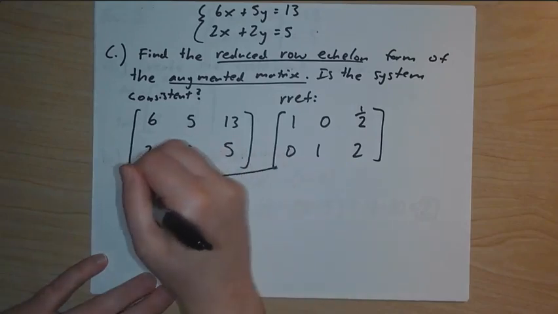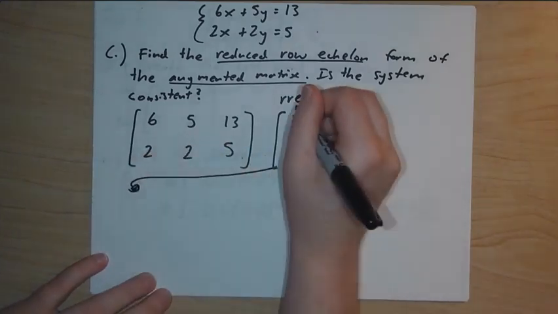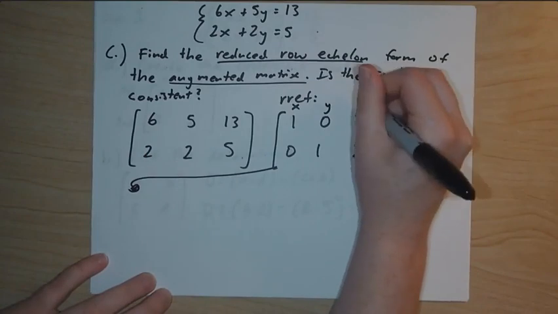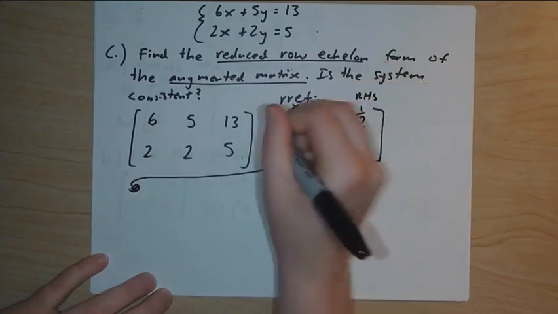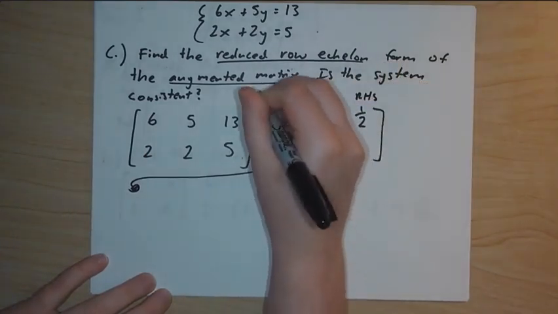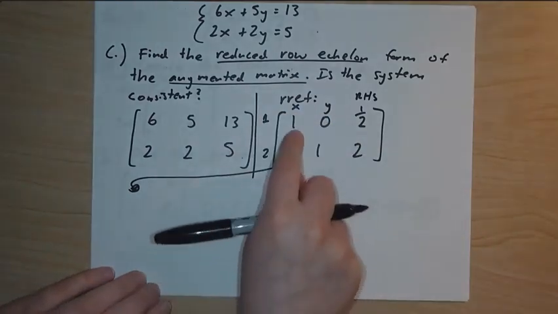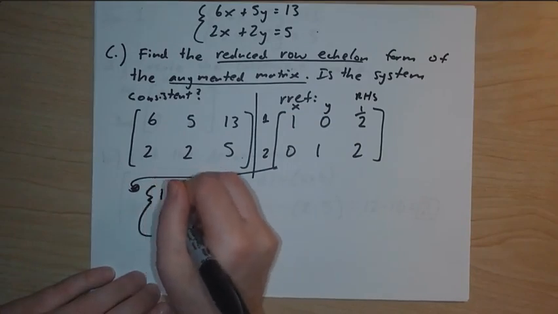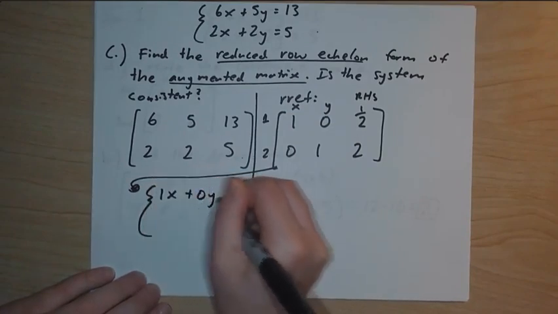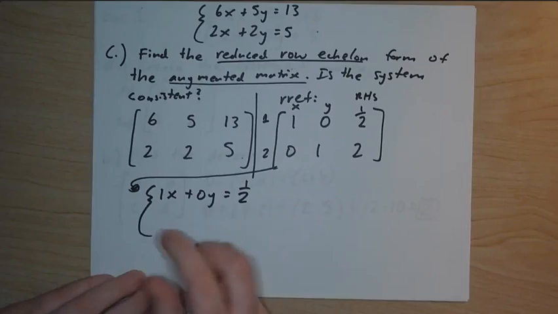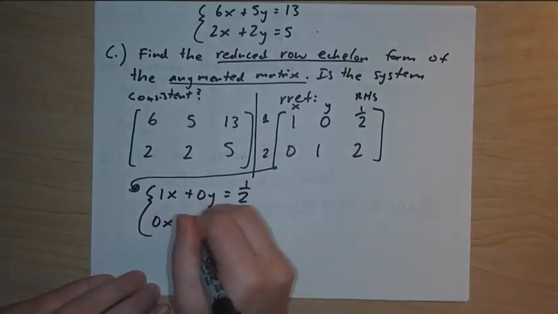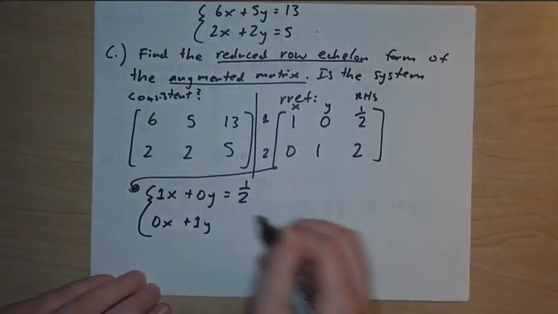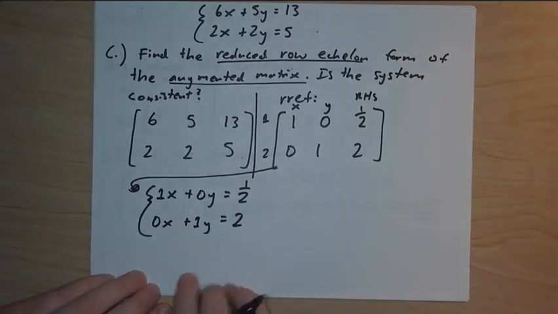What this matrix means, essentially, remember that this is the x column, this is the y column, this is the right-hand side, and this is the first equation, this is the second equation. Then we can rewrite this as the system where we have 1x plus 0y is equal to 1/2, and 0x plus 1y is equal to 2.